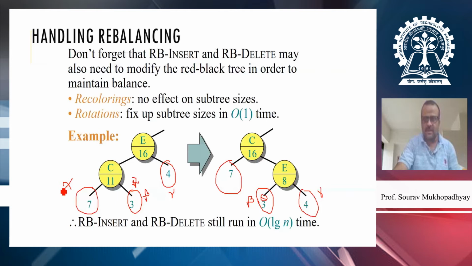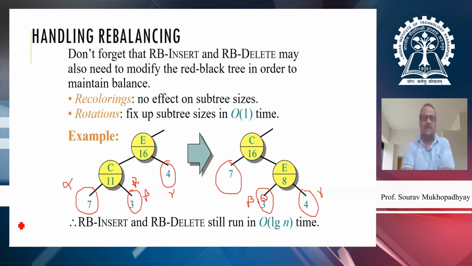Size of alpha, beta, and size of gamma, which we know are 3 and 4, plus 1. So that change we can easily do. So just a few sizes are changing. Is this okay? We need to ensure that this will not cost us more than constant, because this is just the same pointer changing which we have to do in the red black tree rotation.